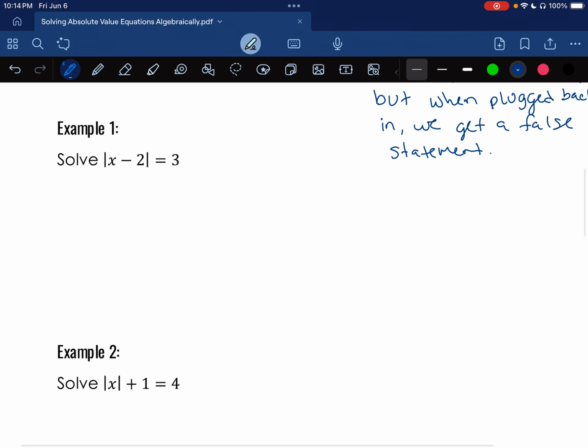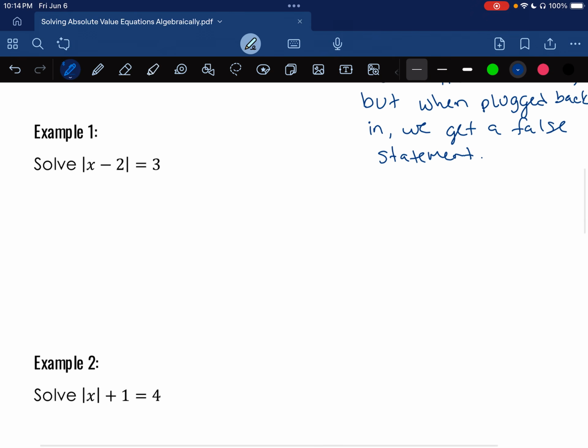All right, so first things first, I'm going to solve this one here. So that step one is to isolate the absolute value expression. There's nothing else going on. It's the absolute value expression, nothing else. So we're good to go there. And we can jump to step two, which is set up our related equations.